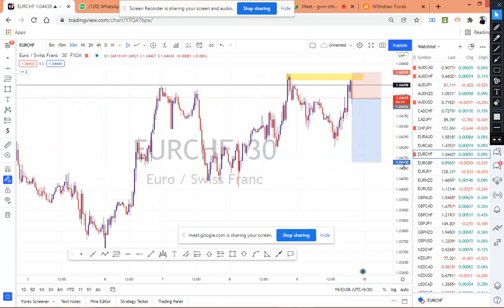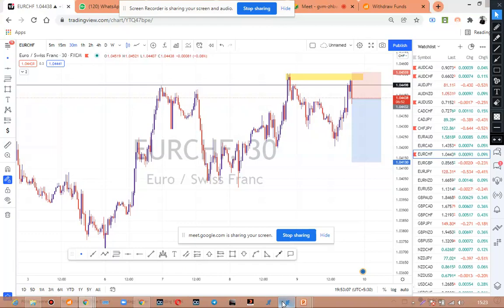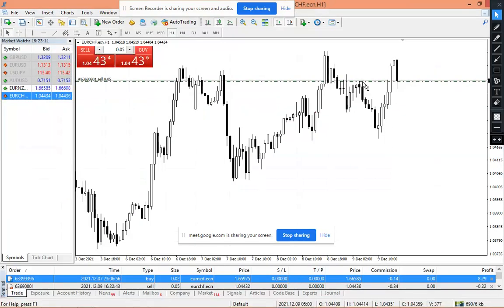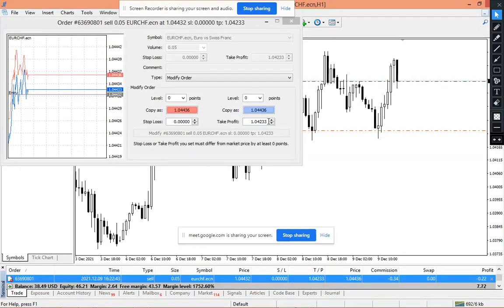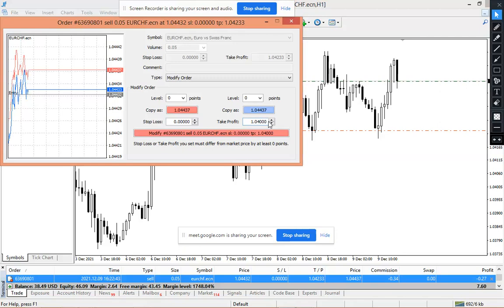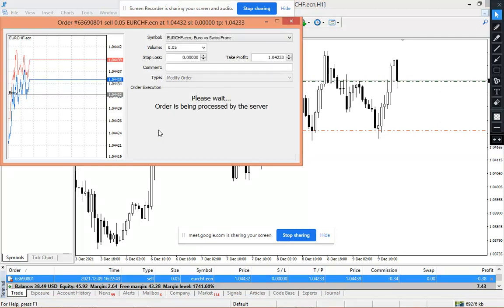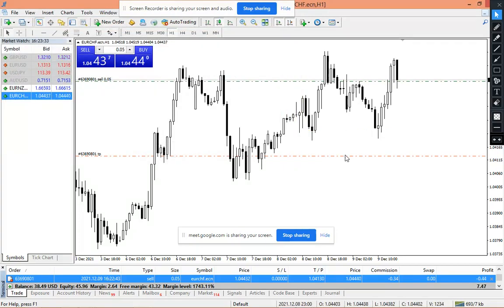So 1.04130. One three zero. This is about 30 pips.